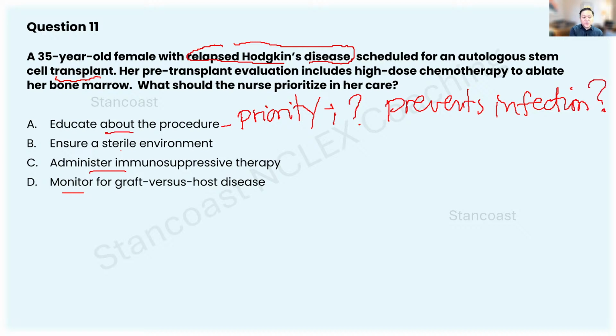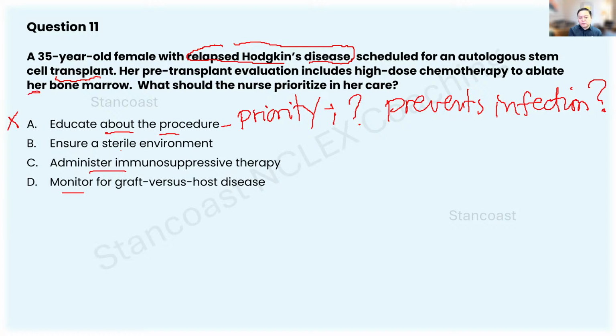Will this address the possibility of preventing infection? Not really. It's just going to give them a head knowledge, just information about the procedure, but will this prevent the infection? That is the question. It will not. So we are going to eliminate this one.